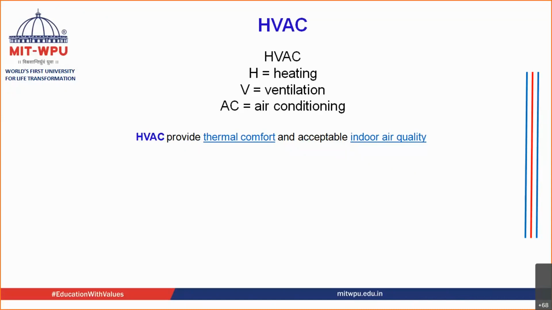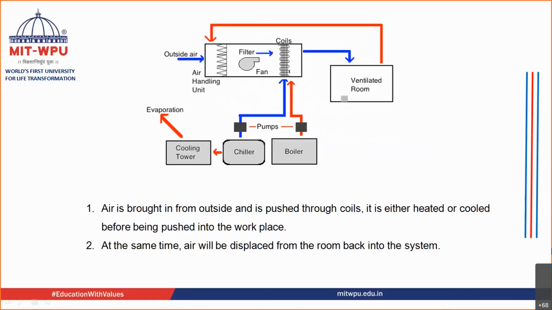What is the difference between HVAC and AC? AC usually gives you cold air, whereas HVAC can give you cold as well as hot air. So what does HVAC do? It provides thermal comfort and acceptable indoor air quality. Whatever is the acceptable air quality that should be present in a clean room is provided by your HVAC.